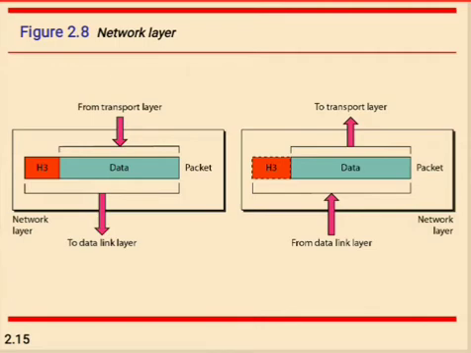So here, what happens in the network layer when it is transmitting the data? At that time it takes care of packet routing, that is, the selection of the shortest path to transmit the packets from the number of routes available.